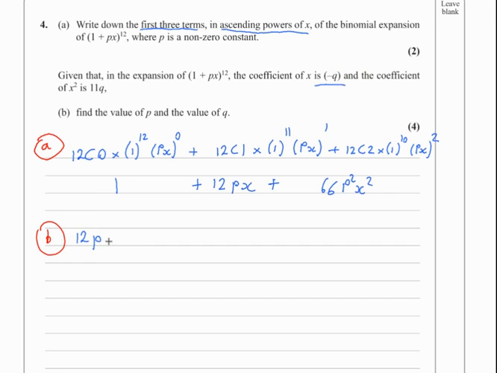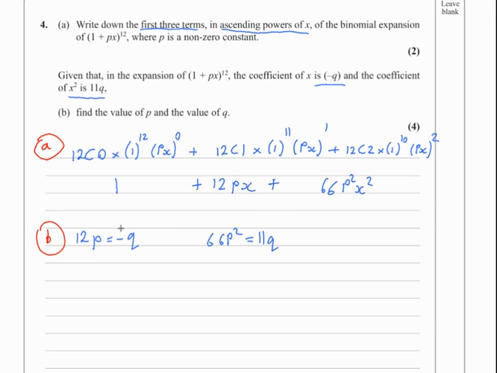So we can say that 12p is equal to minus q. Then in our expansion again, the coefficient of x squared is 66p squared, and the question says the coefficient of x squared is 11q. So 66p squared is equal to 11q.